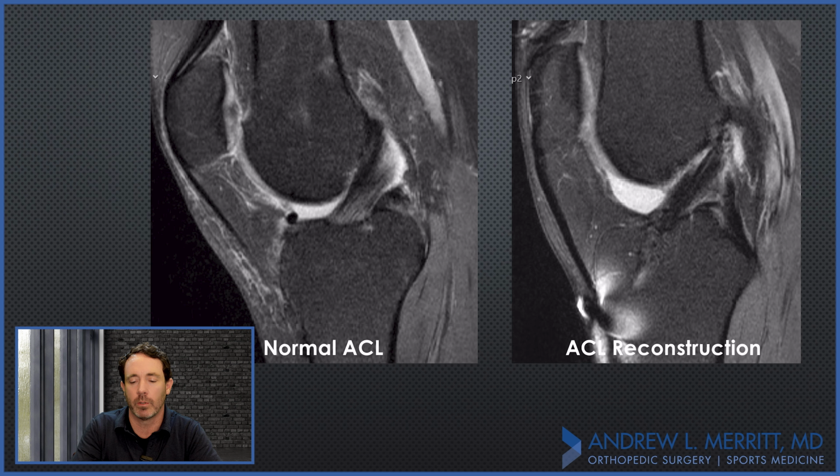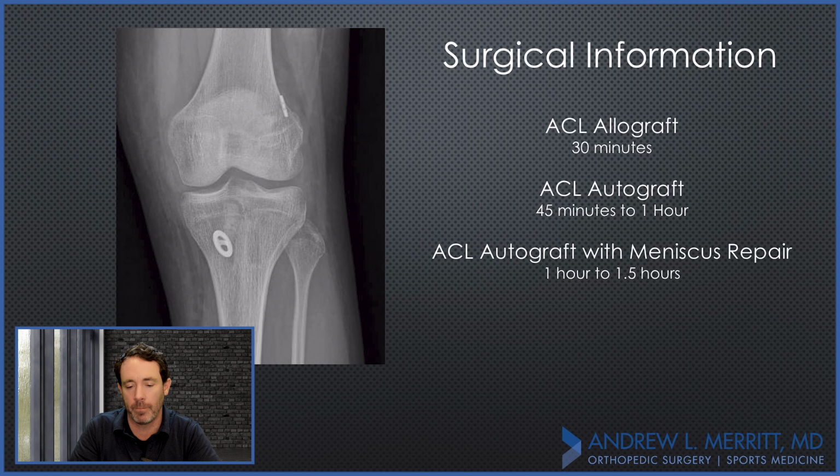Afterwards, once it's in, a normal ACL reconstruction looks pretty similar. As for the surgical information, people are always wondering how long this takes. First, this is an x-ray of a bone patellar tendon bone graft ACL, and you can see the tunnel here that we drilled into the tibia, and the tunnel up into the femur here.